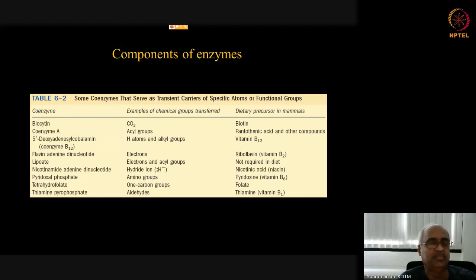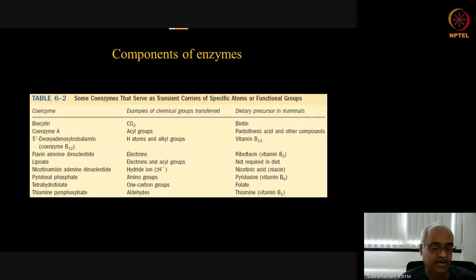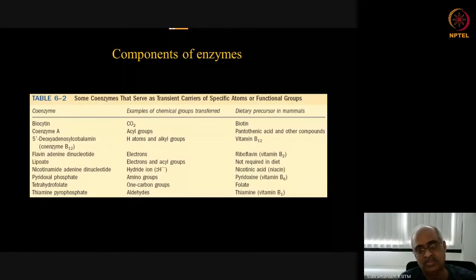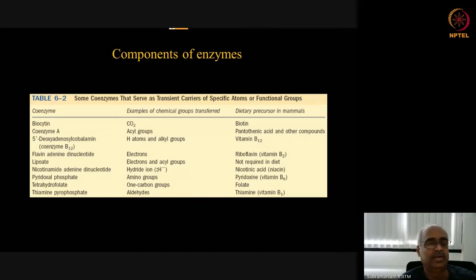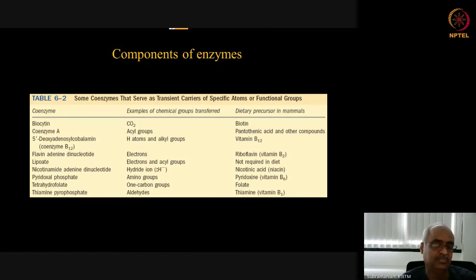For example, biotin carries carbon dioxide temporarily on it in a covalent form from one molecule to another. So biotin will be in the enzyme active site and helps in transferring this carbon dioxide group, or one carbon group as they often call it, from one substrate to the other.